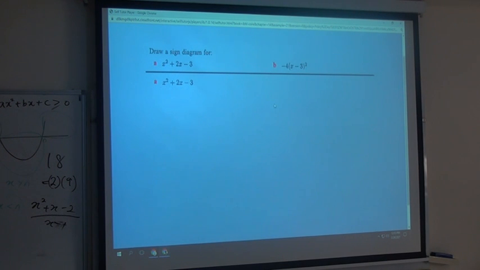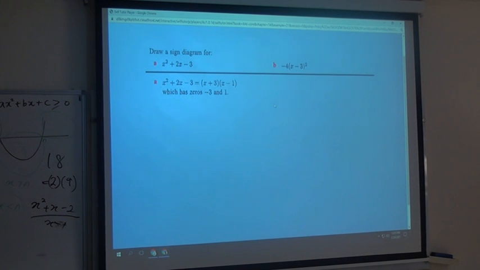There are no common factors and no special form, so we use sum and product factorization. 3 and minus 1 have product minus 3 and sum 2. So the quadratic has linear factors x plus 3 and x minus 1. Applying the null factor law, the zeros of the function are minus 3 and 1.